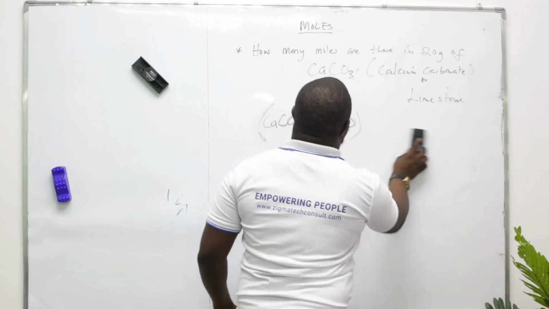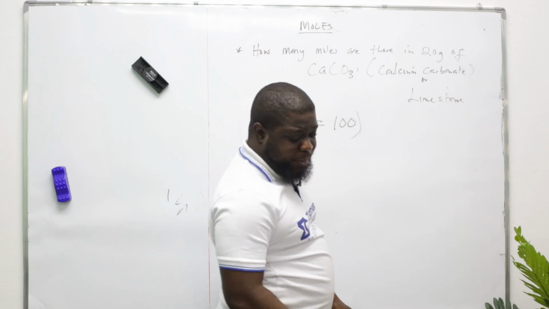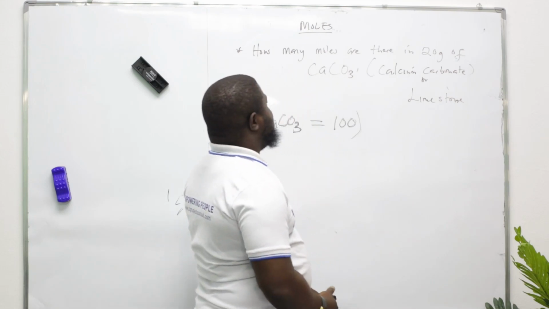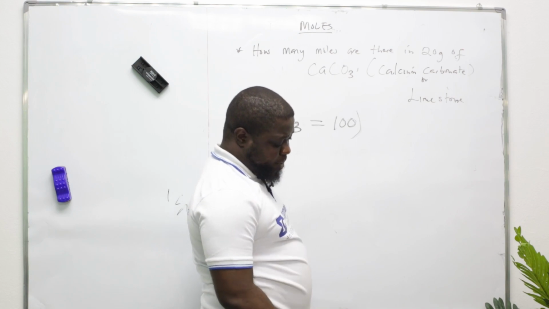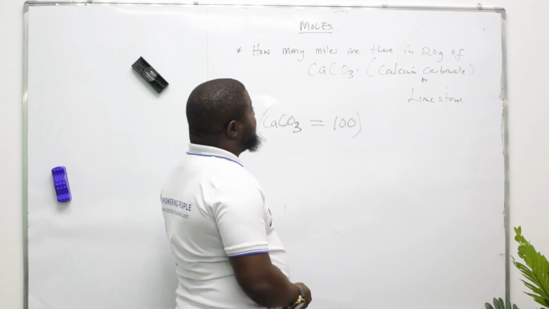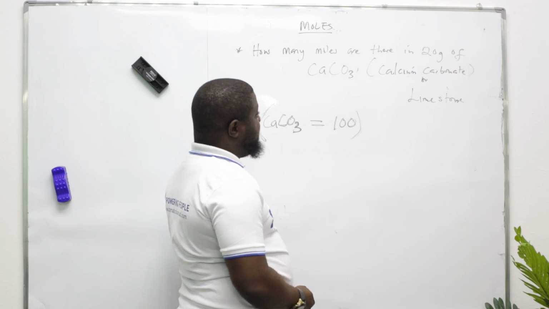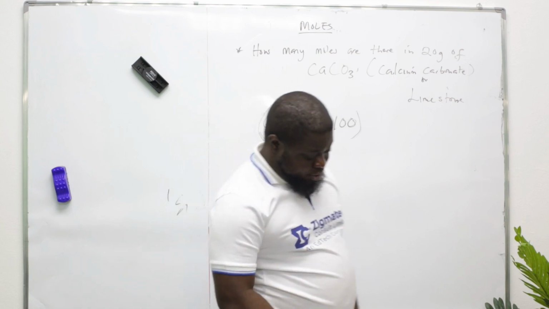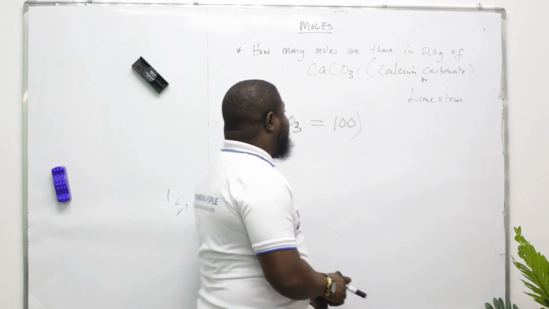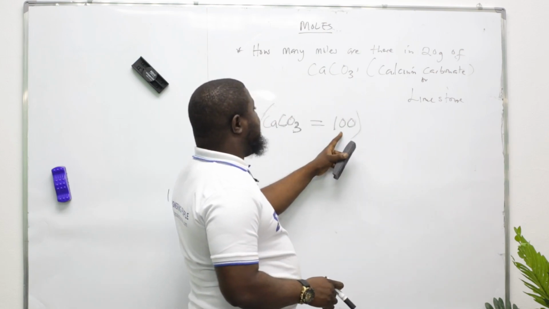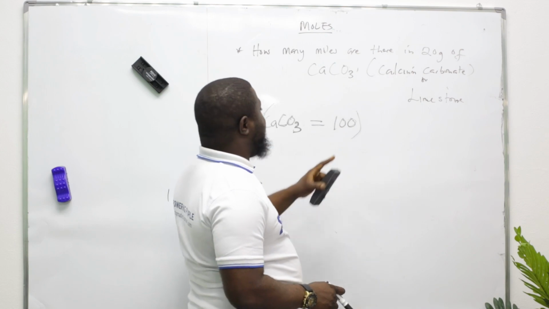They said, how many moles are there in 20 grams of calcium carbonate? Now, 100 grams gives you 1 mole. Why? The mass number in this context is the number of grams.